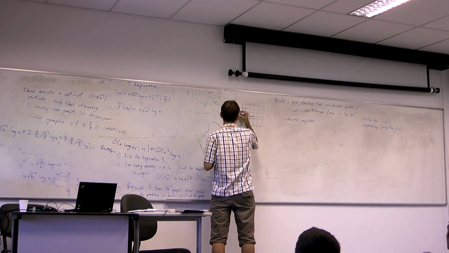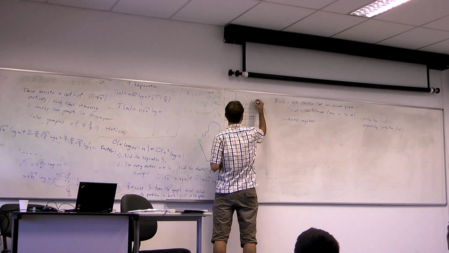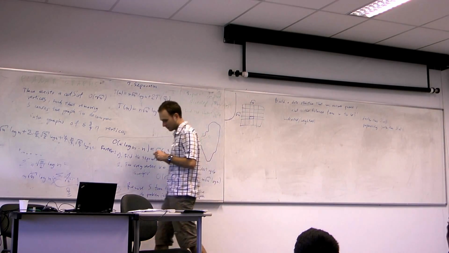So this thing has root n by root n, the size of root n vertices.